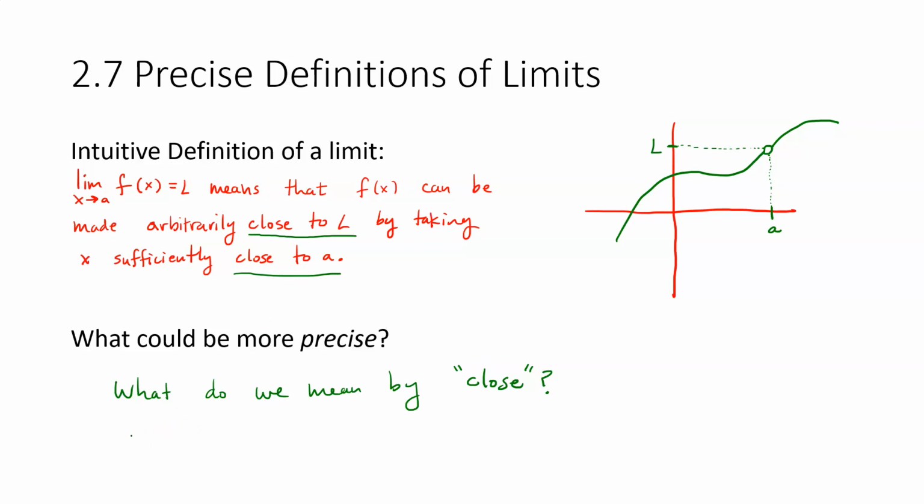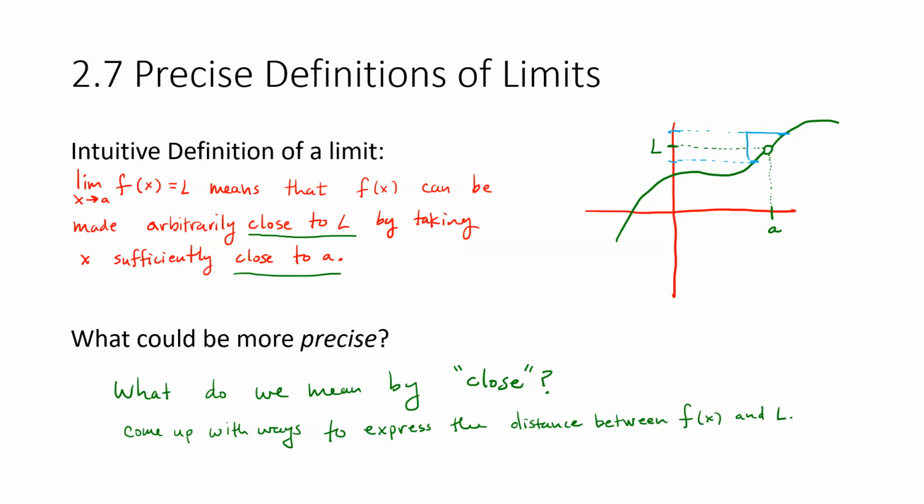So we're going to have to come up with ways to express the distance between f of x and L, which we can imagine here is just looking at if I were to, for instance, close in on this point around L, the distance between f of x and L will kind of narrow down to a little window that we're going to build around L. So we want to come up with ways to express the distance between f of x and L in a more technical way.